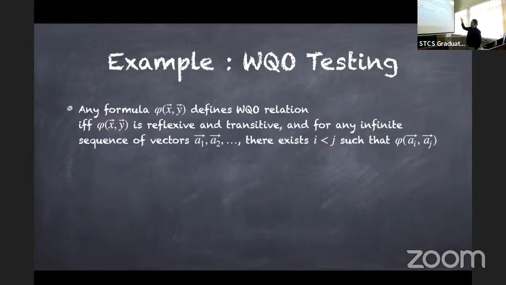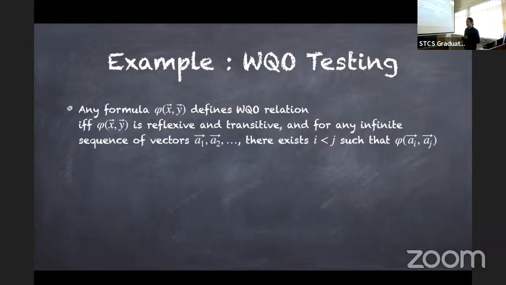We show this for the problem of WQO testing. Now, what is WQO testing? Any formula phi(x, y) defines a WQO relation, a well-quasi-order relation, if and only if phi(x, y) is reflexive and transitive, so it's a pre-order, and for any infinite sequence of vectors a1, a2, and so on, there exist i less than j such that ai and aj are related. So you cannot find an unrelated, infinitely increasing chain, or sorry, decreasing chain.